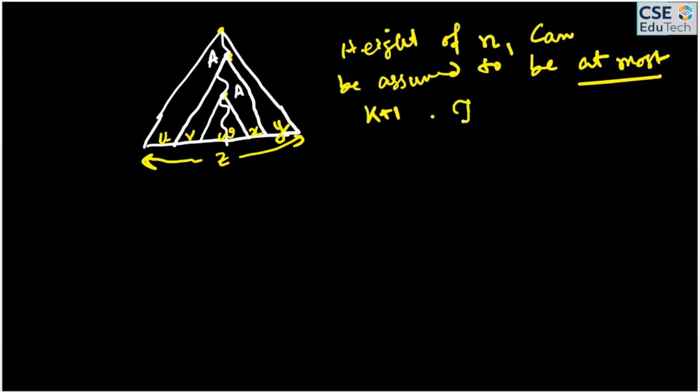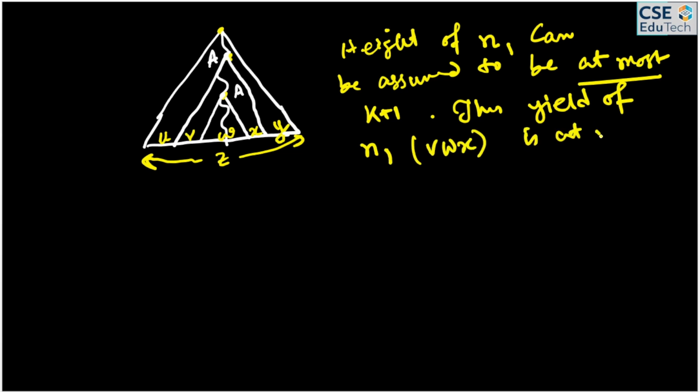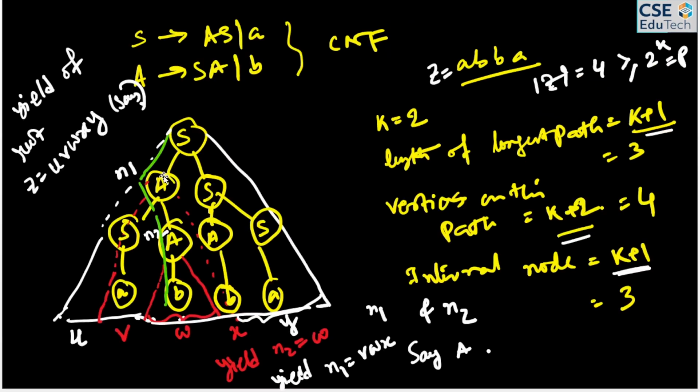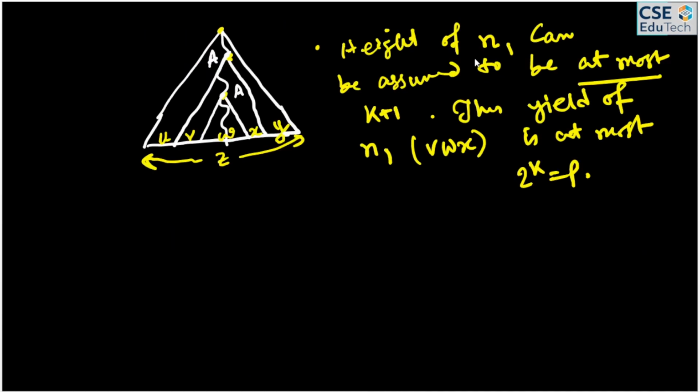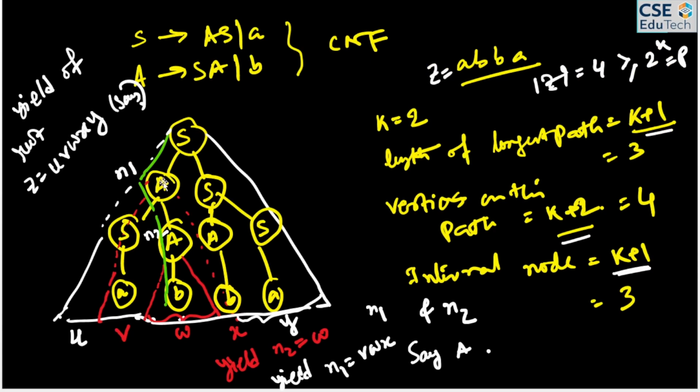Thus the yield of n1, that is vwx, is at most 2 to the power k, that is p. So here this is n1, it is v, w, and x, and its height can be assumed to be at most 2 to the power k, which is the pumping length p.